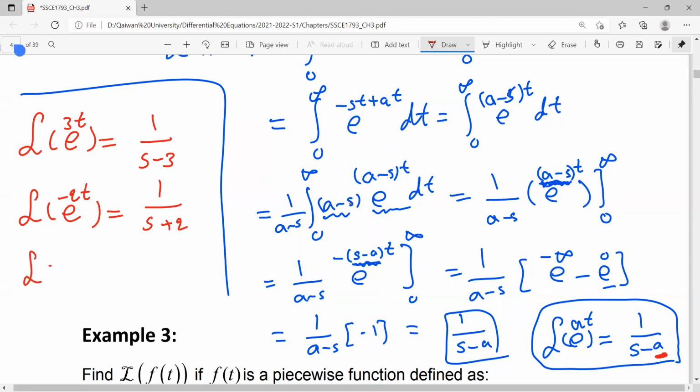And the Laplace transform of e to the t, let's say, equals what? 1 over s minus 1. So that's all. We just apply this rule for finding the Laplace transform of e to the power at. We say it equals 1 over s minus a. And that's all.